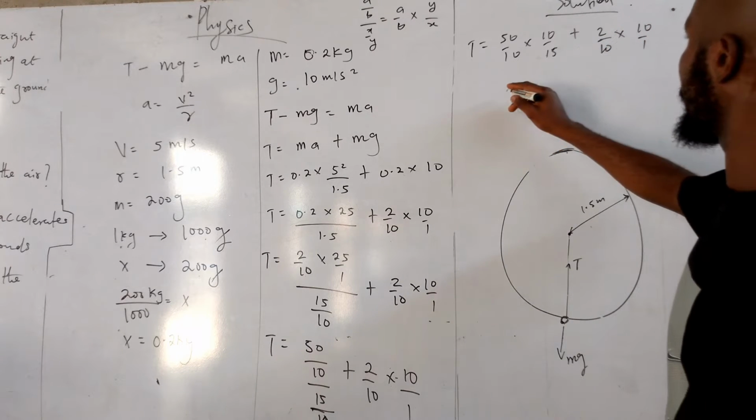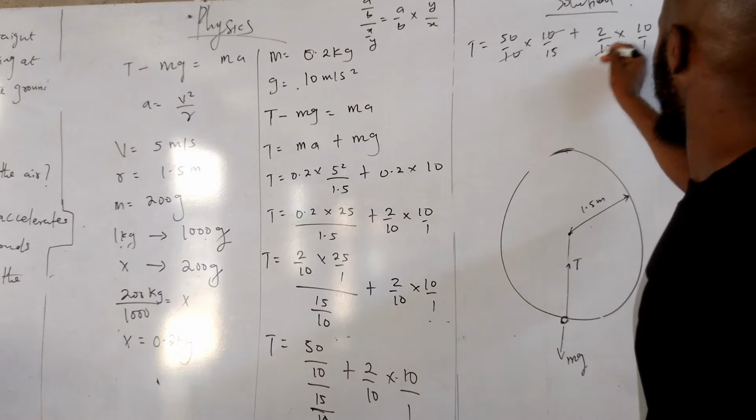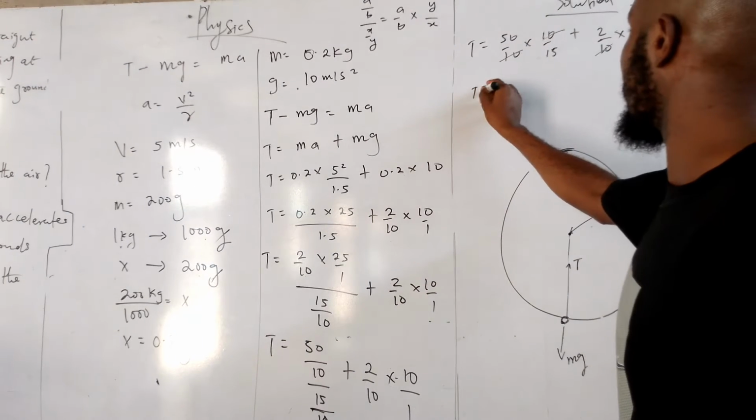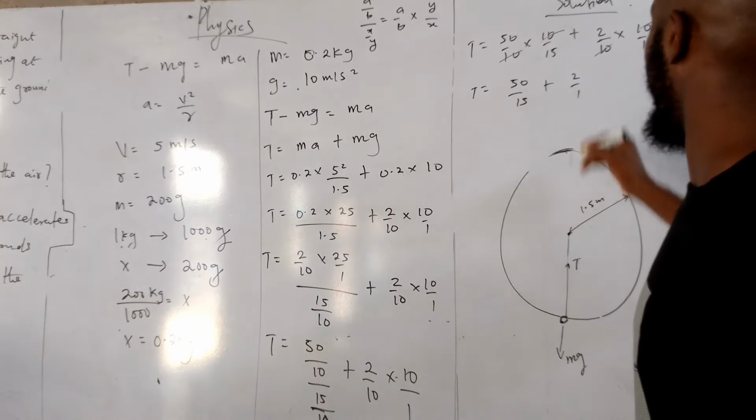So we can simply finish our simplification. See that 10 will cancel out 10 here. 10 will cancel out 10 here. So we now have T is equal to 50 over 15 plus 2 over 1.